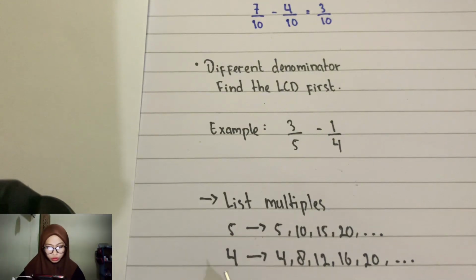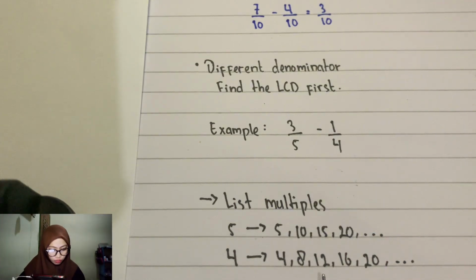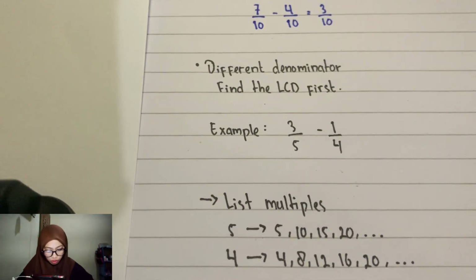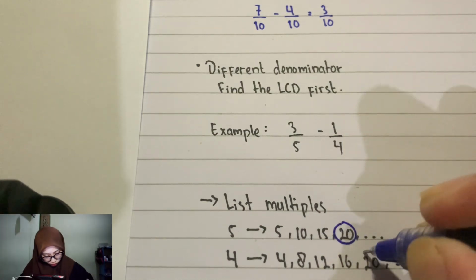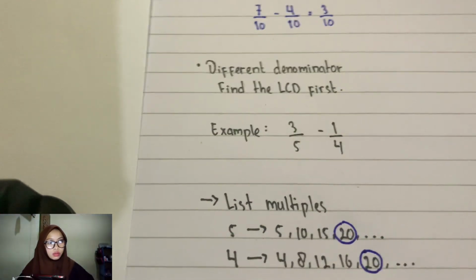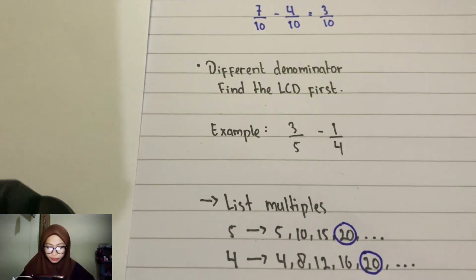Multiples of 5 are 5, 10, 15, 20, and many more. And multiples of 4 are 4, 8, 12, 16, 20, and many more. Okay, so the first common multiple is 20. So the LCD is 20.